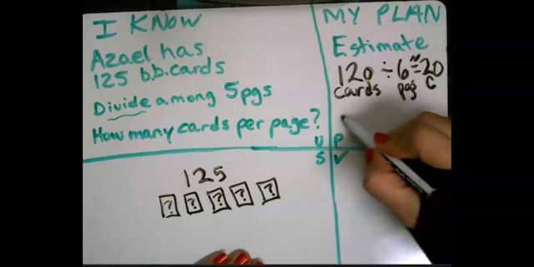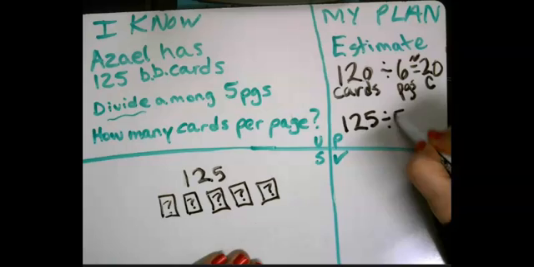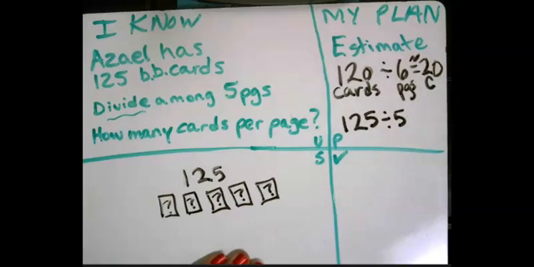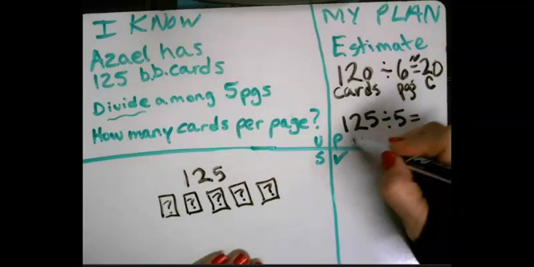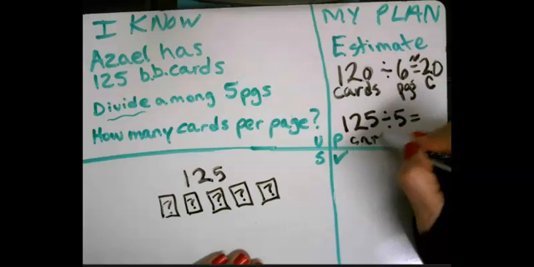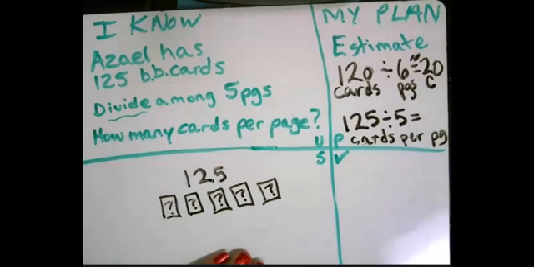So our problem with the harder numbers, we'll say 125 divided by 5 is going to give us the number of cards per page. This marker is driving me crazy. Okay.